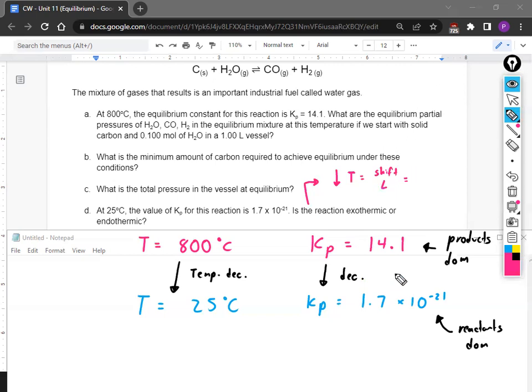Those are the two options. If we take a look at this, we're getting rid of energy, so we're losing energy. Let's write that down. We're going to lose energy. And if you lose energy, are you making more reactant or more product? More reactant.